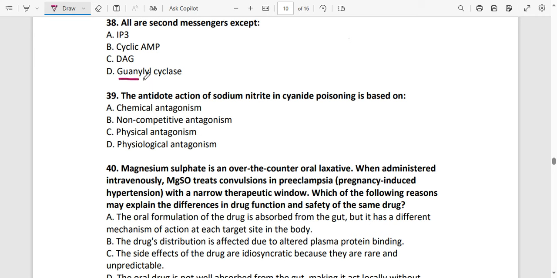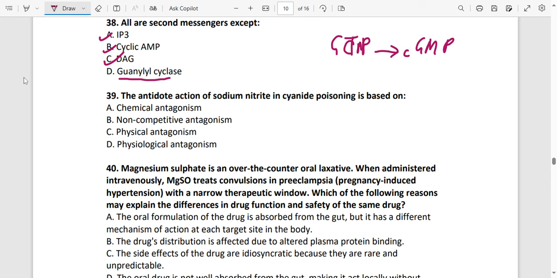Yes, remember, guanylyl cyclase will just help in converting GTP to cGMP. It's not a second messenger itself. IP3, cyclic AMP and DAG are.